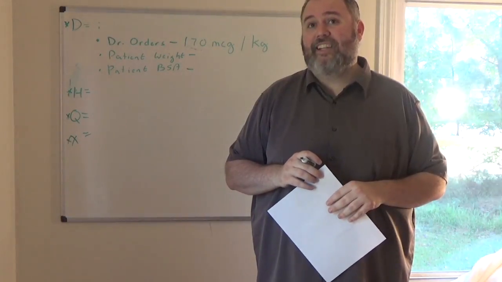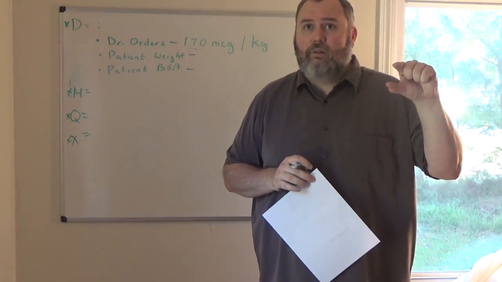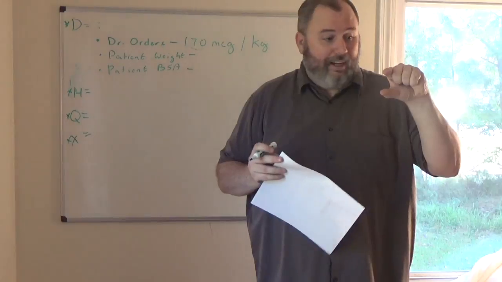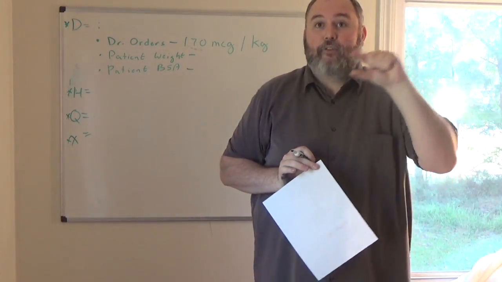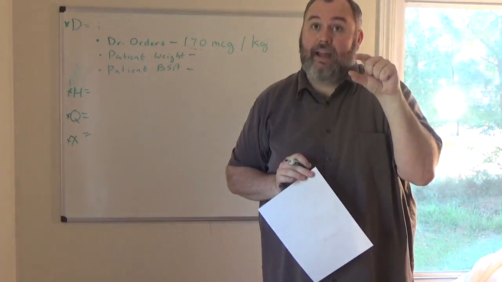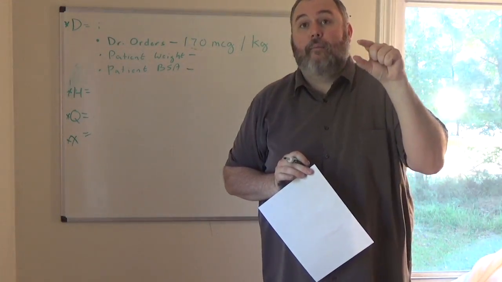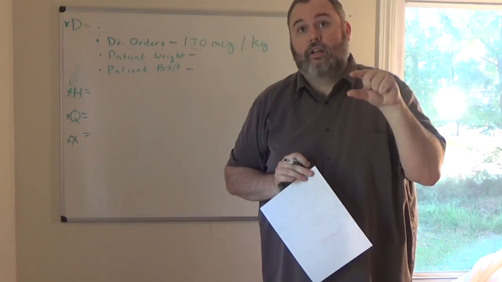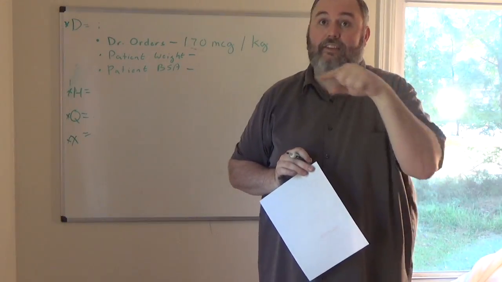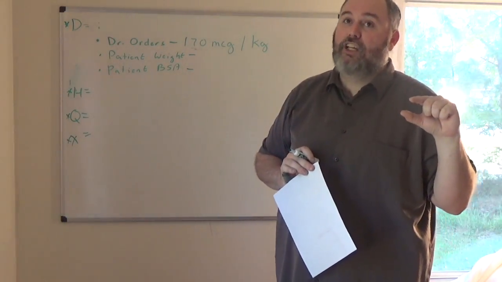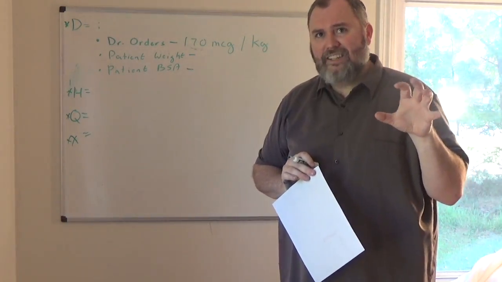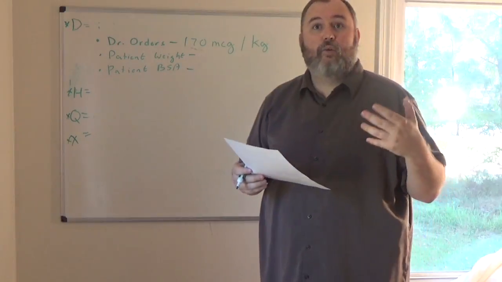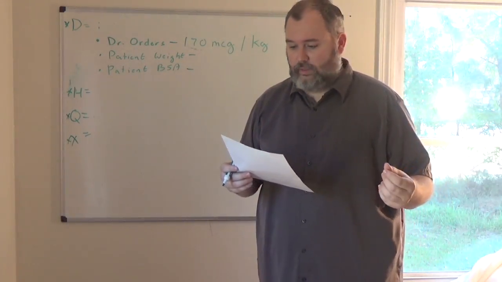Just like a problem we did earlier, I've got a vial, it's got dry powder in it. My job is to put water inside of it and then shake it up, and I've created my medicine that I'm going to give the patient. All right? But those numbers don't help us to solve this problem. They're just instructions on making that medicine. So that first part of the sentence is not really useful to us, okay?